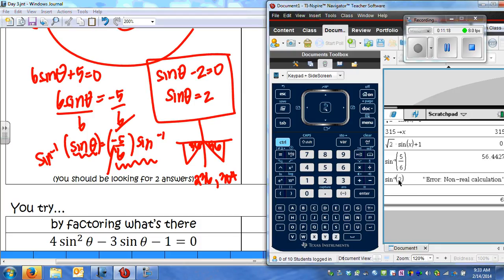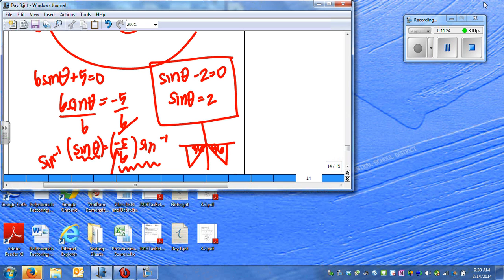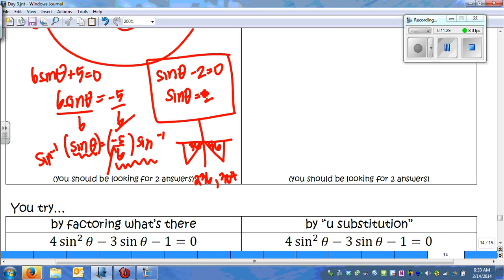What's going on here is that sine values can never be bigger than 1 or less than negative 1. No angle has a sine value of 2. What that means is that we reject this solution. Sine theta equals 2 does not lead us to any solutions. 236 and 304 are our only answers for this question.